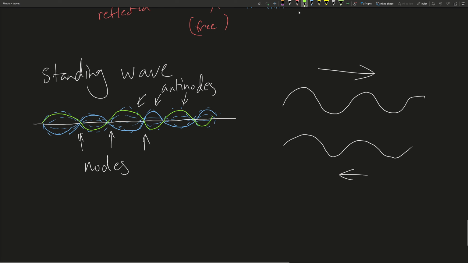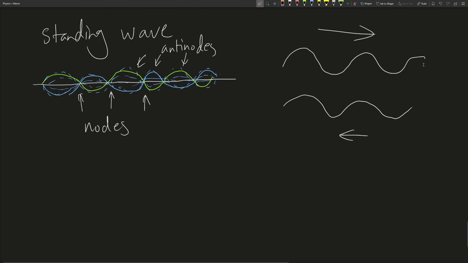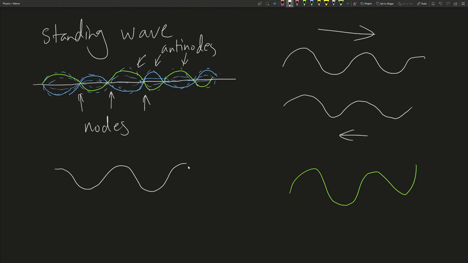And so by superposition, in this state this wave will just look like that, right? But then let's say this wave travels a little bit. This top wave travels with the same velocity as the bottom wave, but in the opposite direction. Once the top wave travels a bit, it might look something like this, and once the bottom wave travels a bit, it might look something like this.